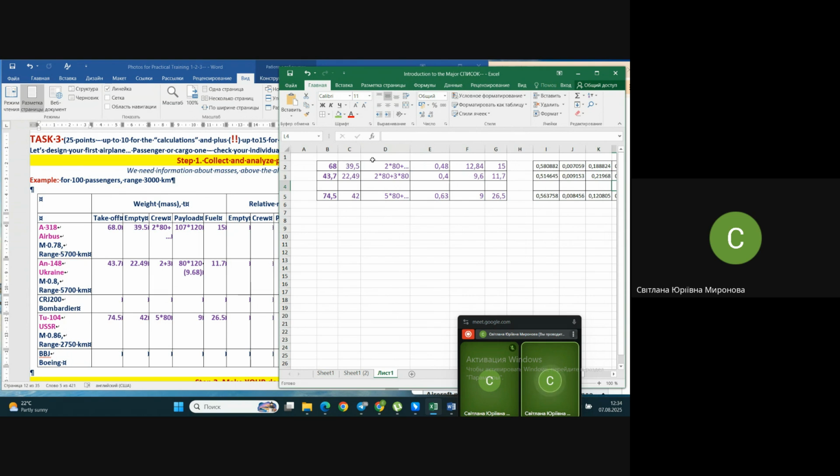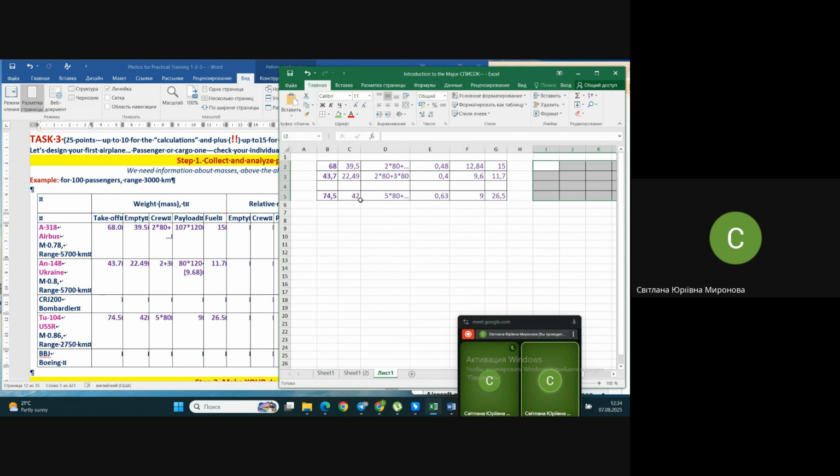Look, I copied the same data to another program, to Excel, electronic tables.